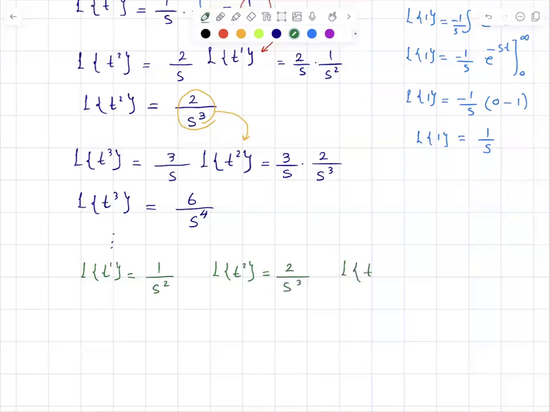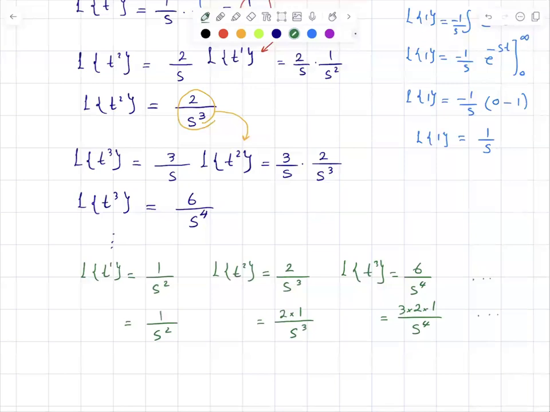The Laplace of t cubed is 6 divided by s to the fourth. Well, you can rewrite this as 1 over s squared, 2 times 1 divided by s cubed, and 3 times 2 times 1 divided by s to the fourth, and you can continue this process.